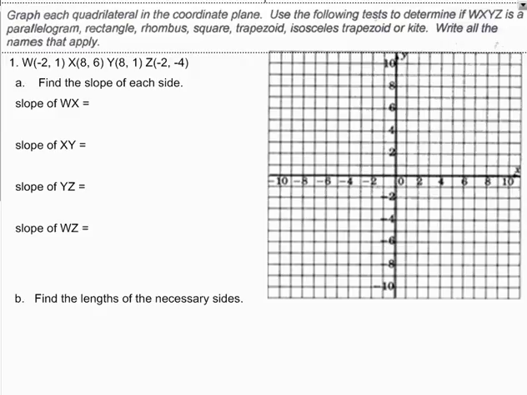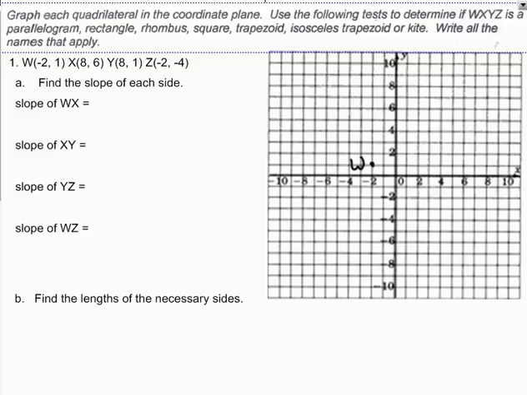So first thing I'm going to do is graph my points. So I have W at -2, 1. So -2, 1, right here. That's W. Then we've got X at 8, 6.